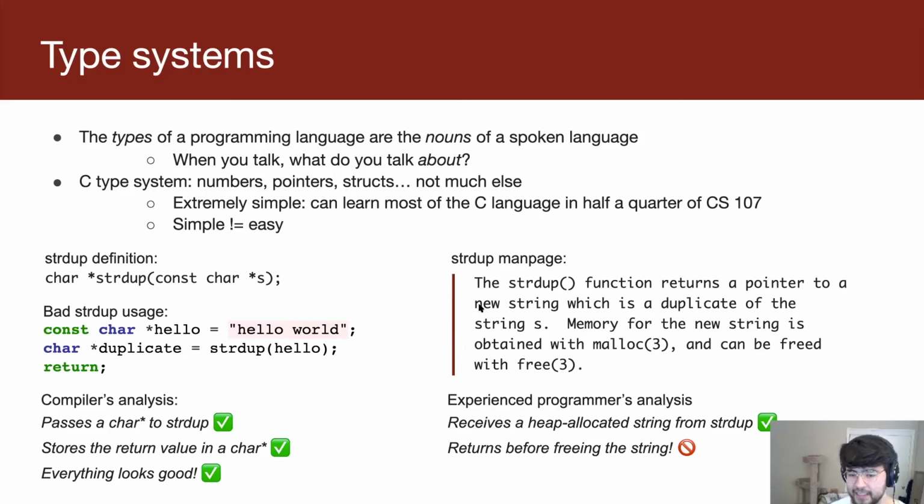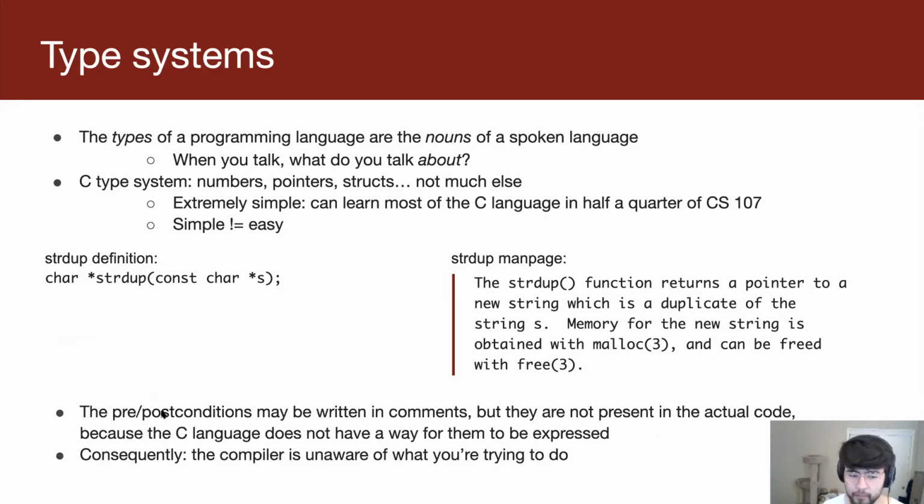But the compiler doesn't see this. The compiler doesn't know this part of the man page. It has no idea how to interpret this free English text. It doesn't understand that there's actually a post condition here, which is that you have allocated heap memory which needs to be freed by somebody, and we're not freeing it. Does this make sense to everyone?